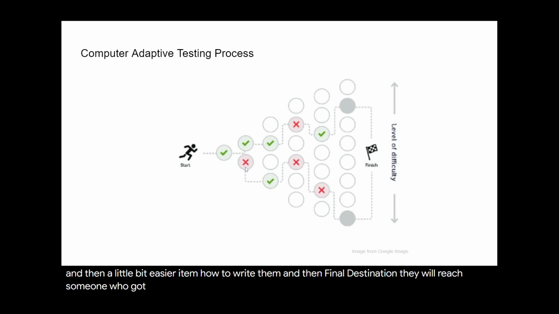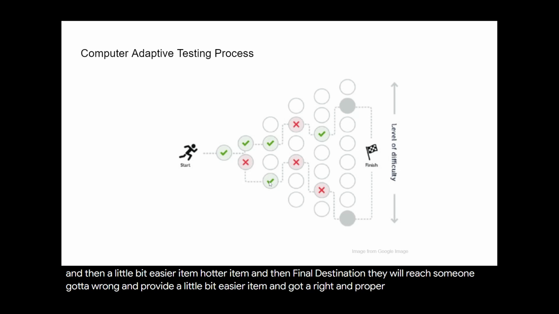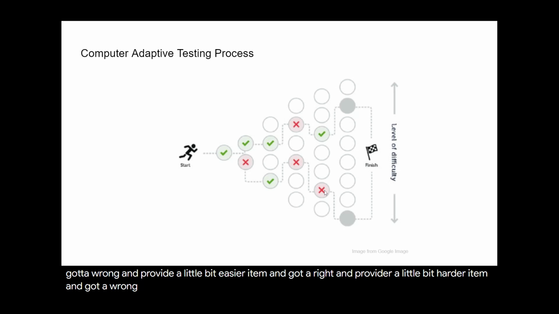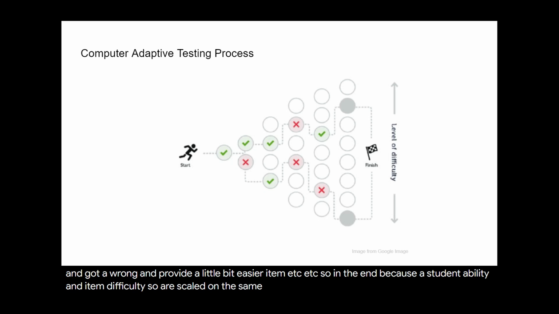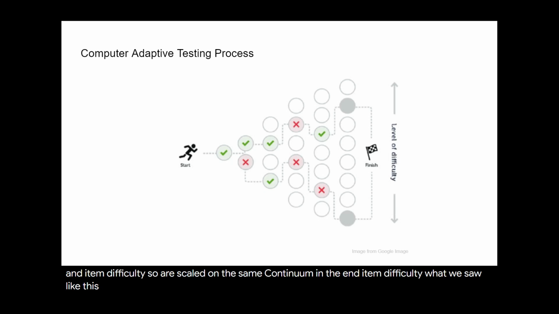Someone who got it wrong is provided a little bit easier item, got it right and is provided a little bit harder item, got it wrong and is provided a little bit easier item, et cetera. So in the end, because student ability and item difficulty are scaled on the same continuum, the item difficulty we select starts to converge to the student ability estimate.